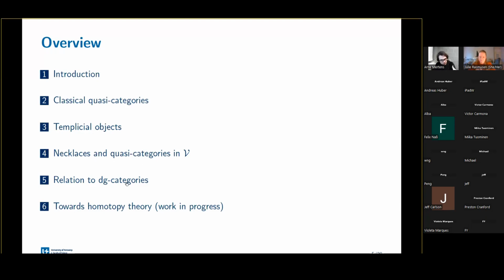And then finally, I will speak a little bit about the relation to DG categories. And if there's time, I'll speak a little bit about the work in progress, where we are working towards building a model structure on these objects. So we don't have a full model structure yet for these quasi-categories, but we are working towards some results in that direction, which I will mention at the end, time permitting.